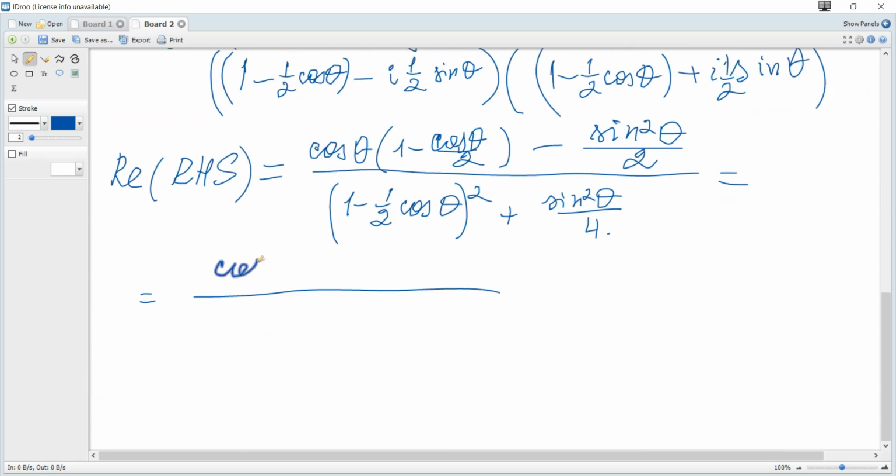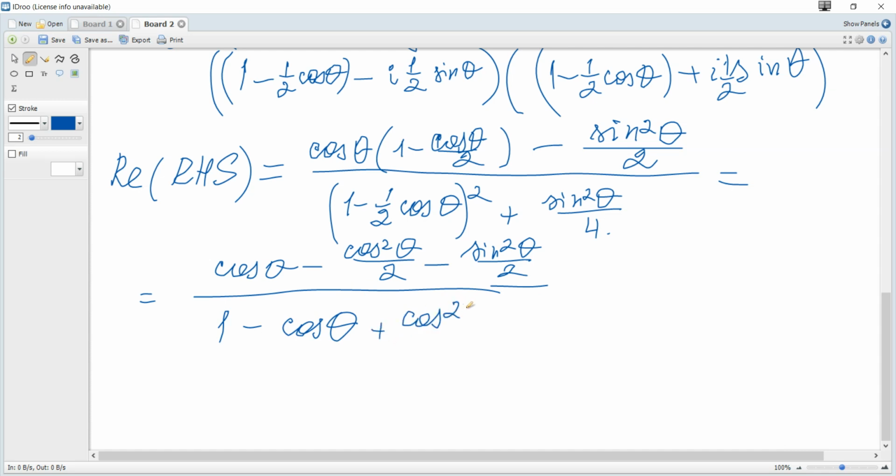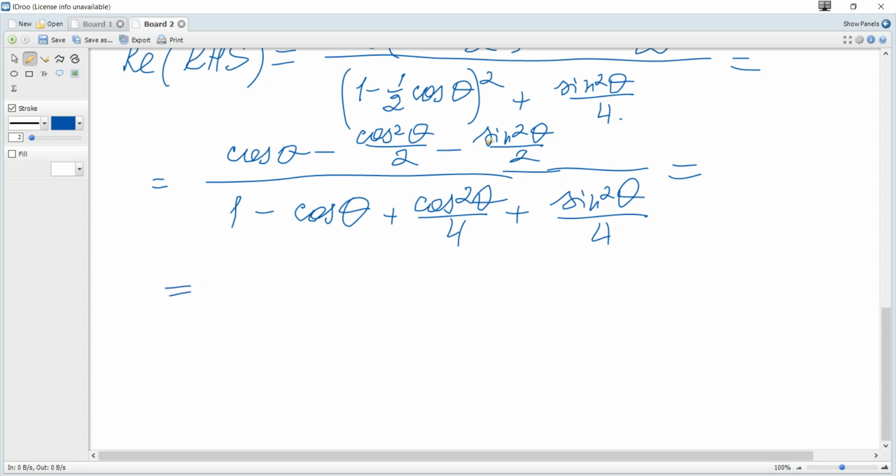So it becomes cosine θ minus cosine squared θ over 2 minus sine squared θ over 2, and in the denominator 1 minus 2 times 1 times a half cosine, so it's minus cosine θ plus cosine squared over 4 plus sine squared over 4, and we can see that in the numerator it's minus a half because sine squared plus cosine squared is 1, so it becomes cosine θ minus a half.